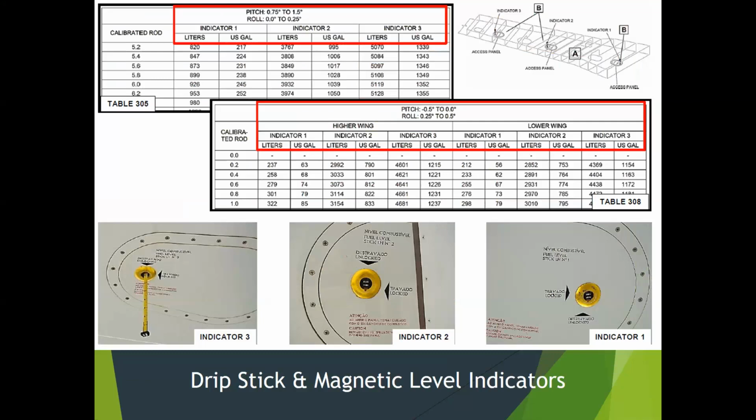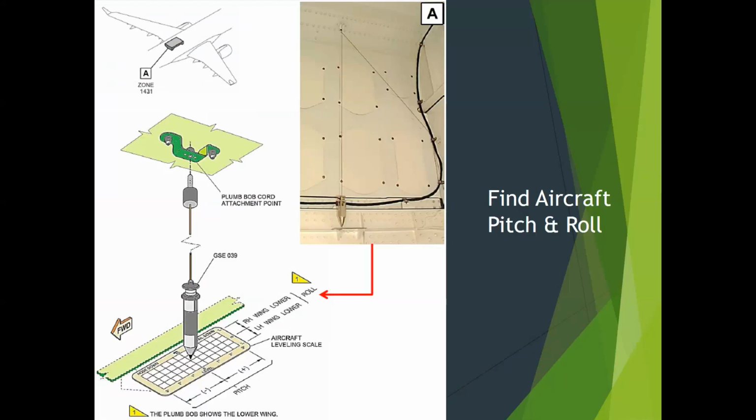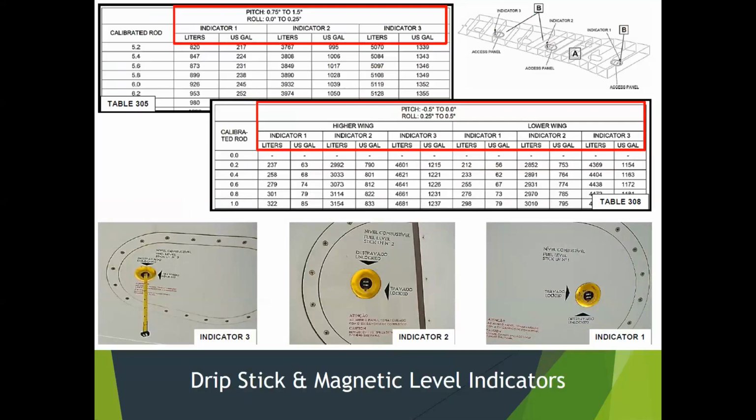You can see here, this one's negative 0.5 to 0 and roll 0.25 to 1. So you'll have a whole bunch of these different tables, combinations of various pitches and rolls. So you have to look up the correct table based on what you got on your grid right here with the plumb bob. Okay, you can see here's the stick down, and I'm just showing it in different configurations.